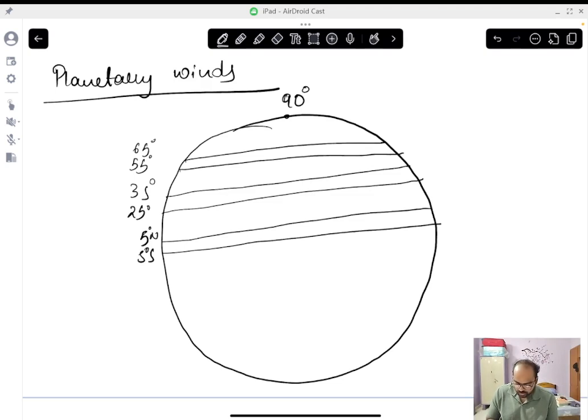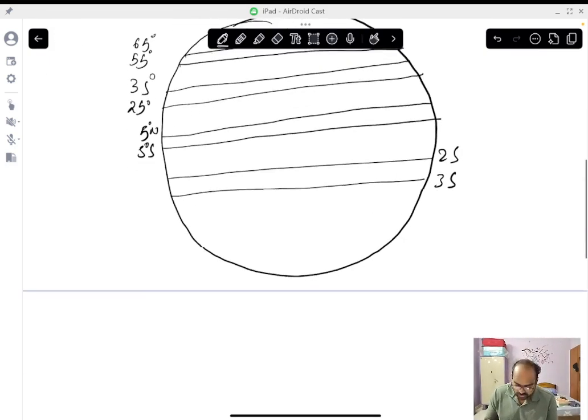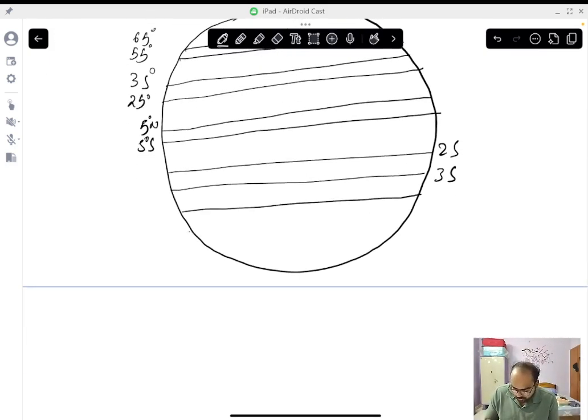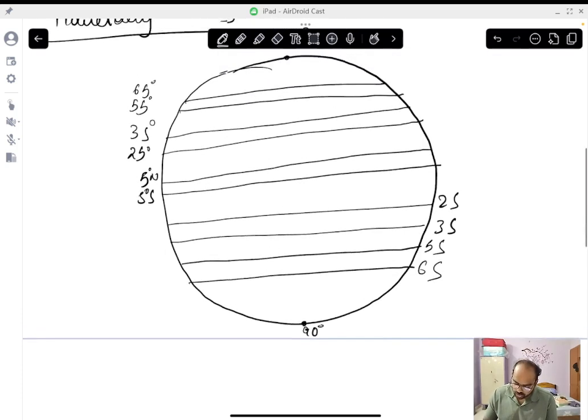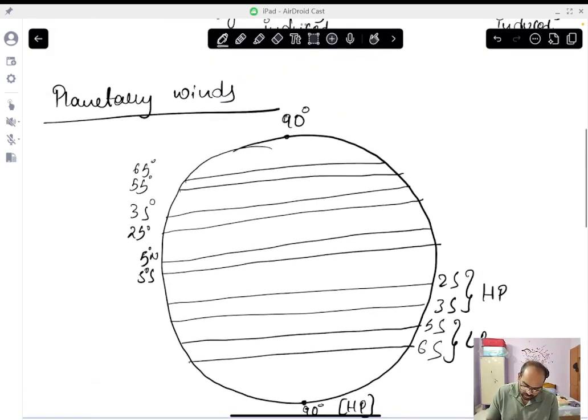Similarly, in the southern hemisphere also, 25 to 35 subtropical, 55 to 65 subpolar, and at 90 degrees we have the polar region. This is a low pressure area, subtropical high pressure area, and again 90-degree polar is a high pressure area. Similarly here, it is high pressure, low pressure, high pressure.